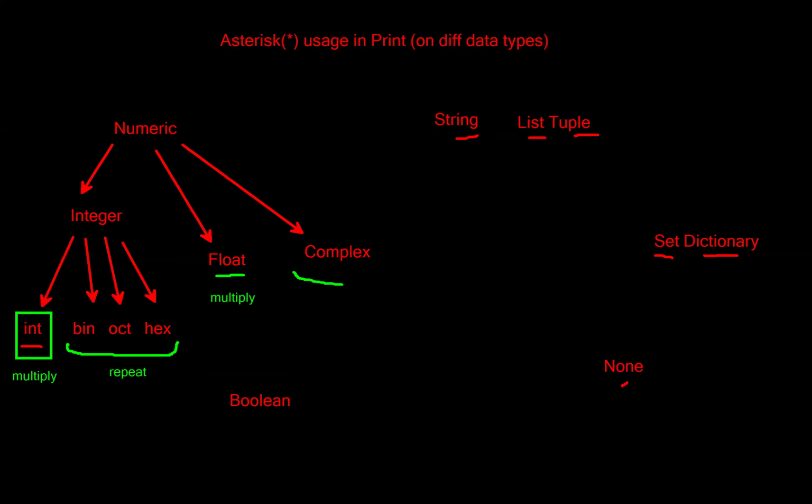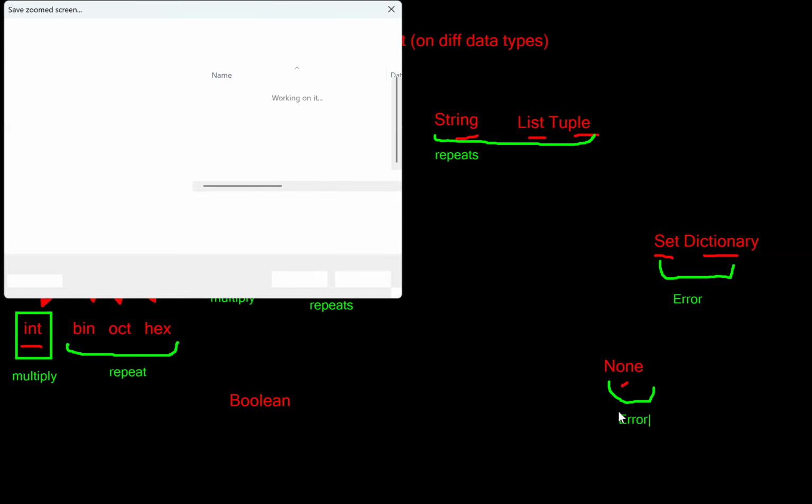In complex it repeats the number, I believe. We will check this. In string it repeats. List, tuple, all these three it repeats basically. In set and dictionary it throws error, as we just saw, set was throwing error. What happens in None? In None also it should give error. Okay, let's save it first.